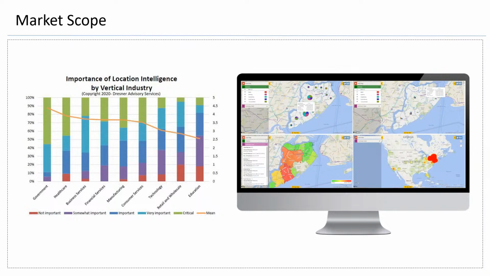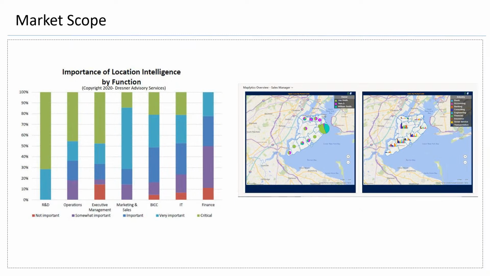Moreover, in any business, locational intelligence is being used by people in various job functions. It's not just limited to the C-level corporate leaders of the company, but also the people in R&D, operations, marketing and sales, and many other job functions. And they are utilizing the location information in their day-to-day work.